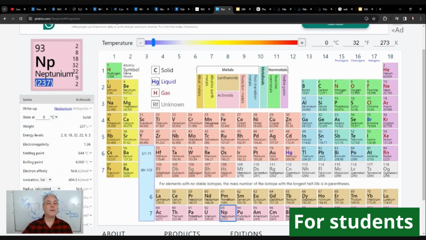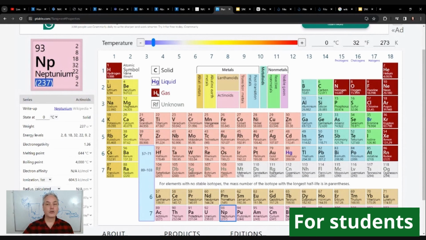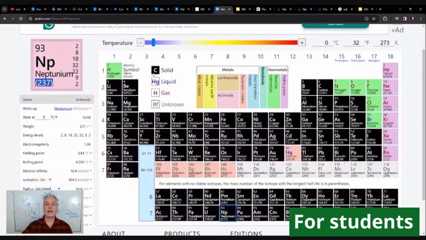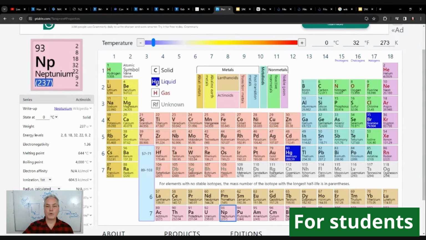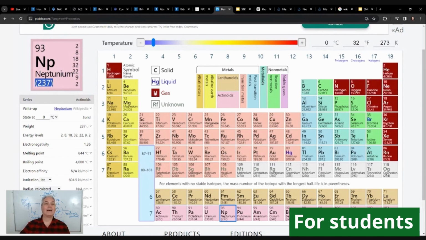So these are the key parts of information on the periodic table. Now, there are a few other things to include. So here I have, for example, solids. Most of the metals here in black are solids at room temperature. We also have 2 liquids, mercury and bromine. These are two elements that are in liquid state at room temperature, and we have gases.